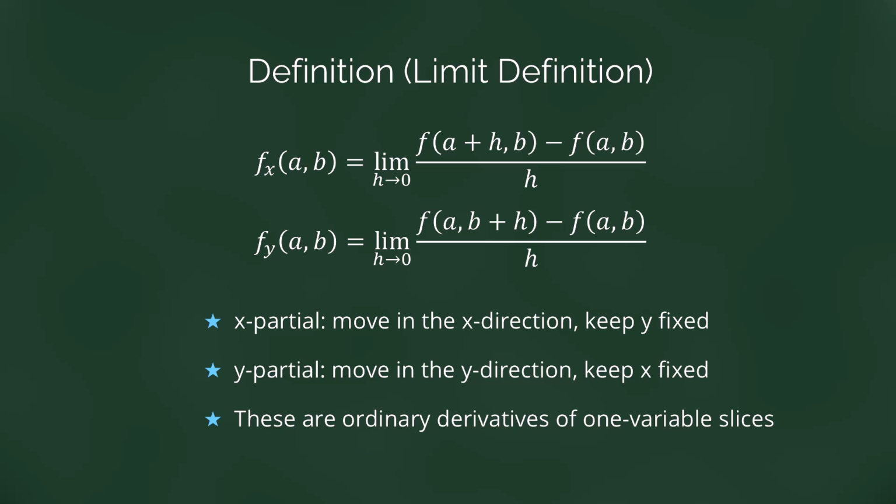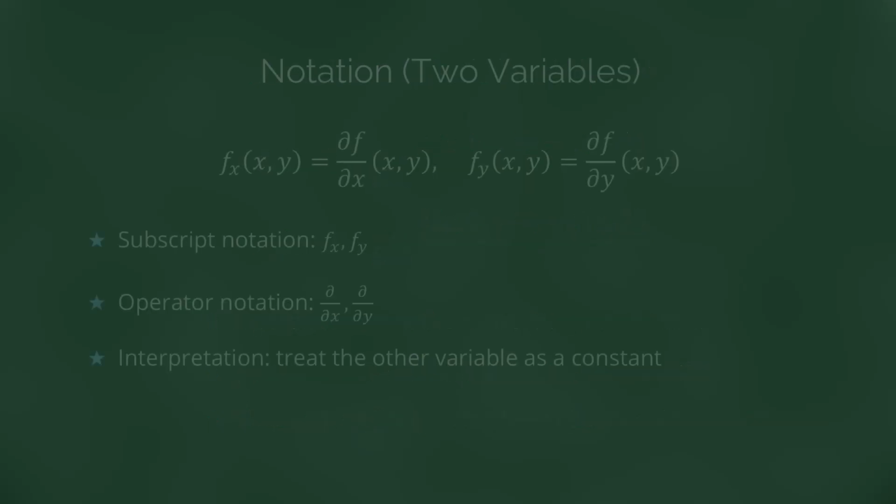So our x partial derivative means we're moving in the x direction and our y is remaining unchanged. The y partial derivative means we're moving in the y direction but keeping x fixed. So these partial derivatives become ordinary derivatives of one variable slices along our surface.